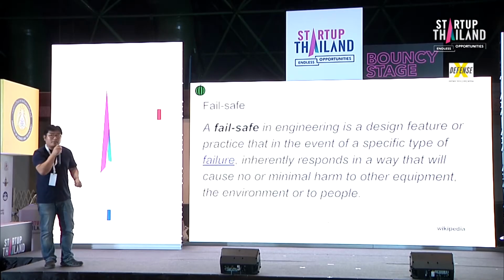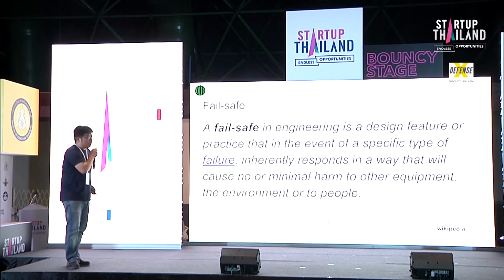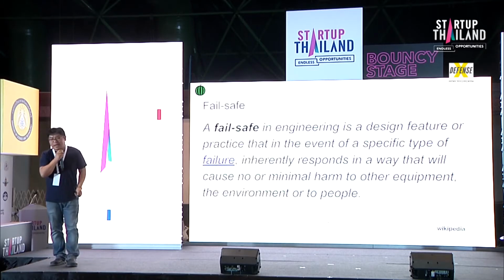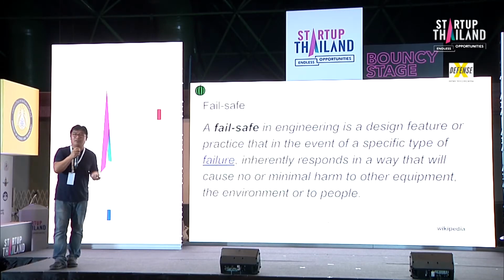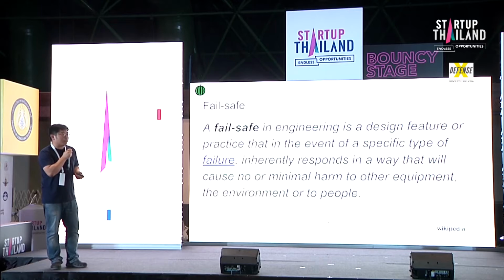Next, the fail-safe. Fail-safe is actually not failure. For example, low battery is a fail-safe: it occurs very often, so we can prepare for the low battery status. We already know the failures, so we can prepare.